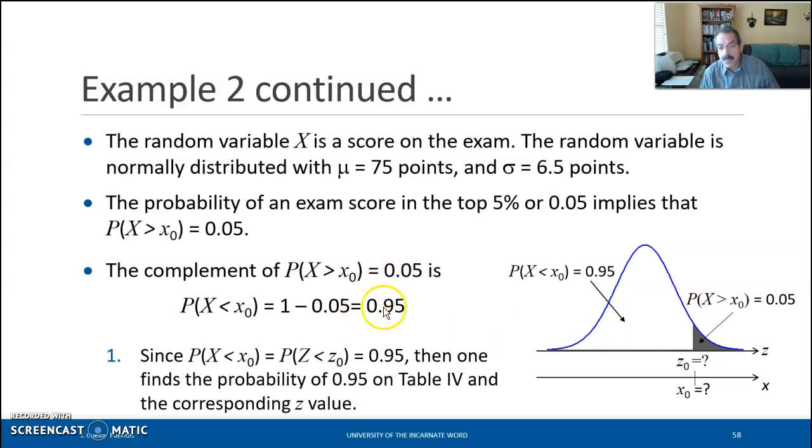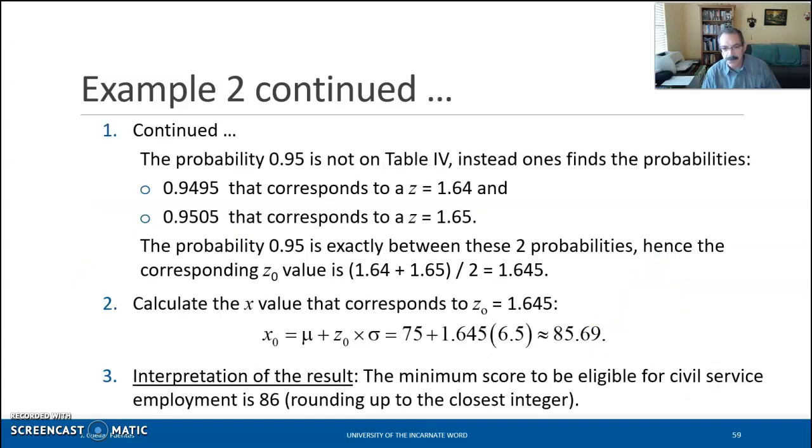All right, once you have determined that the actual probability to use to find z sub 0 and x sub 0 is 0.95, then you go to table 4 and find the corresponding z value. If you look through the second sheet of table 4, you're going to see that there is no 0.9500 value on the table.